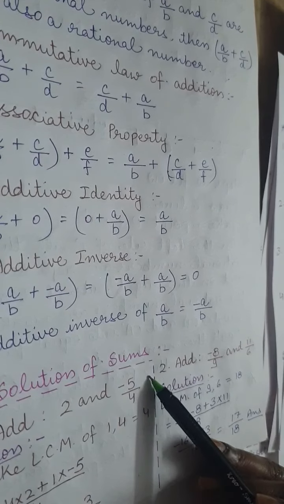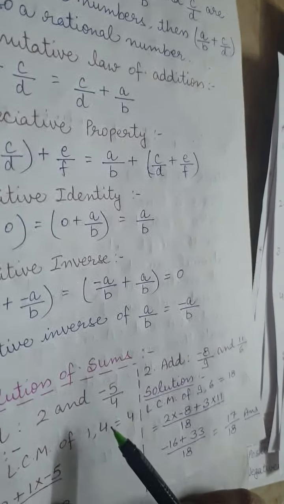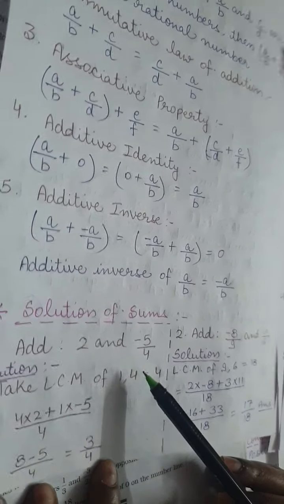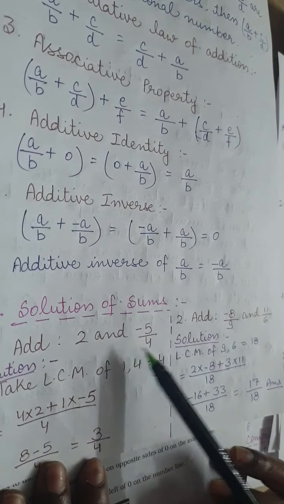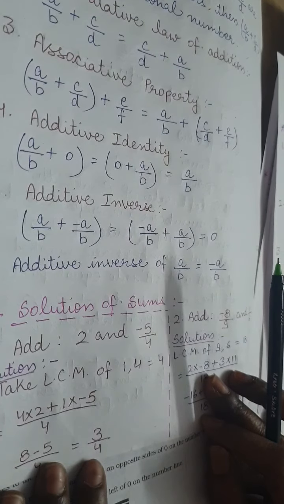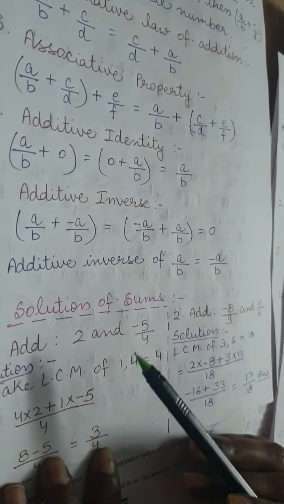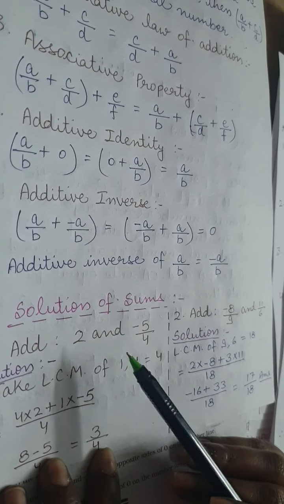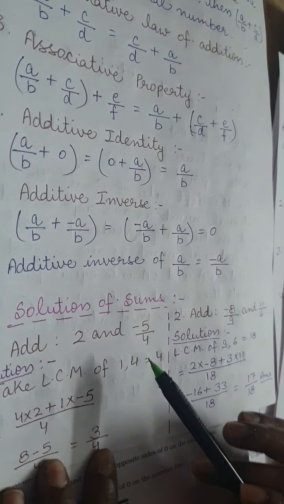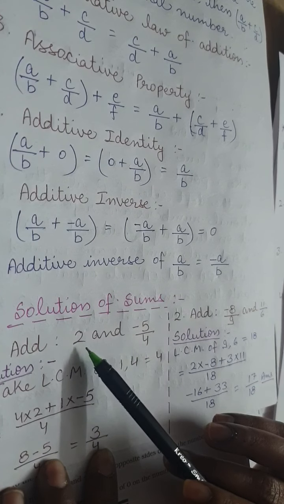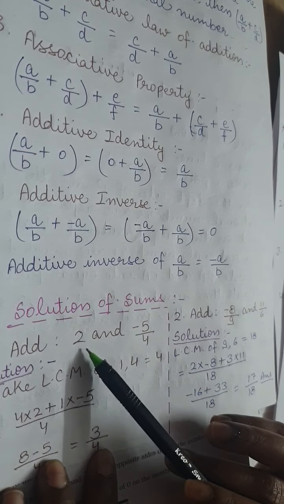Just take a look at the solutions of sums now. In the first question, we have to find the sum of 2 and minus 5/4. So what should be the step? First, we have to take the LCM of the denominators. Here the denominator of 2 is not given, so the denominator will be 1.